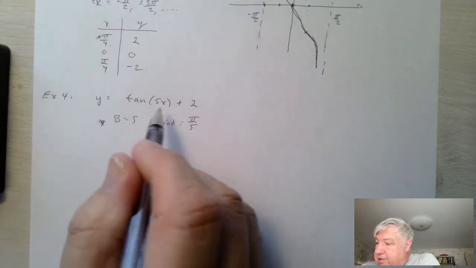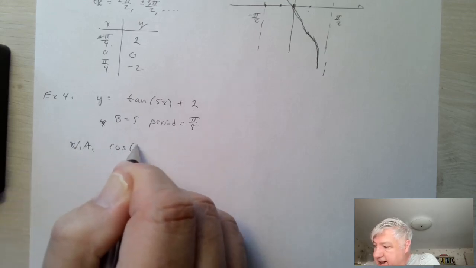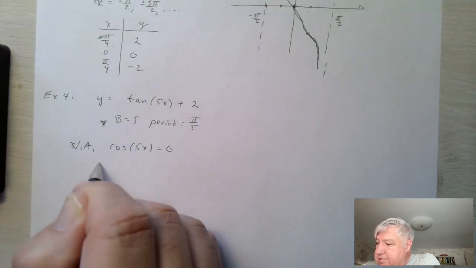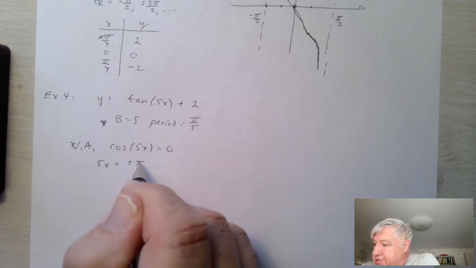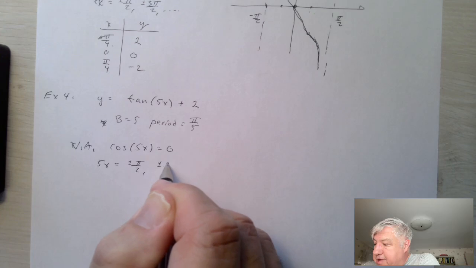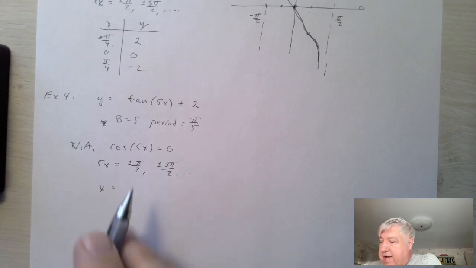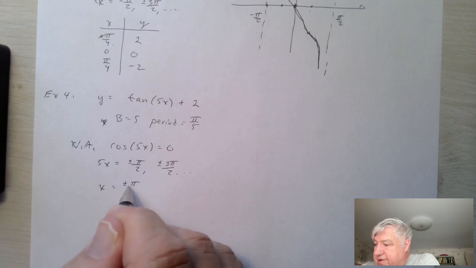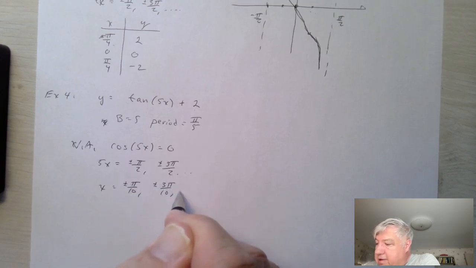And the vertical asymptote will be when the cosine of 5x is 0. So 5x must be equal to plus or minus pi over 2, plus or minus 3 pi over 2, and so on. So x will be, divided by 5, plus or minus pi over 10, plus or minus 3 pi over 10, and so on.